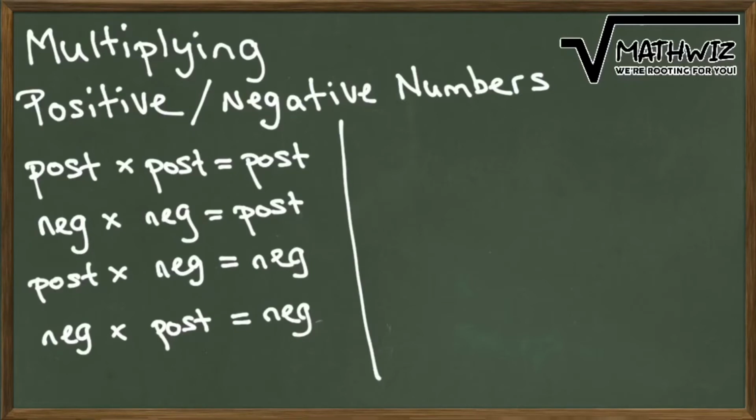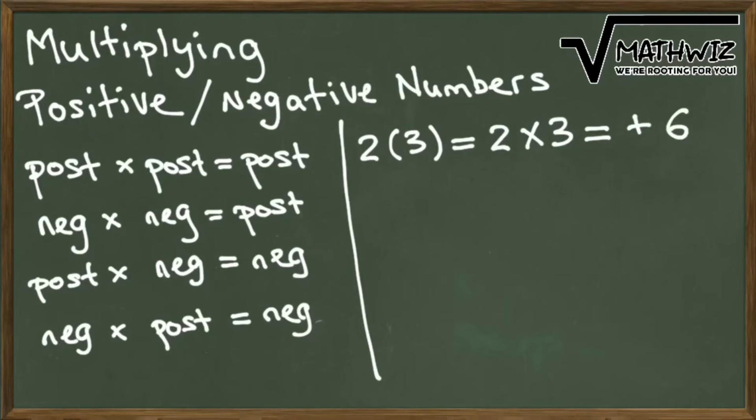Okay, so for our first set of examples, we want to look at 2 open bracket 3, which based on the information we just covered, would be 2 times 3, and of course, based on the rule, we have a positive multiplied by a positive, so we are going to get positive 6.